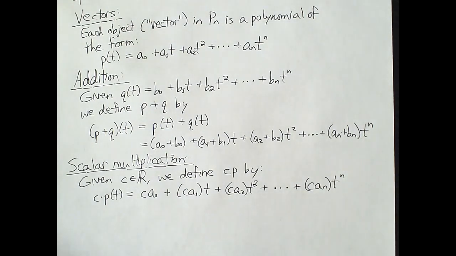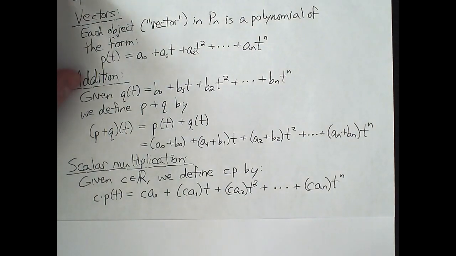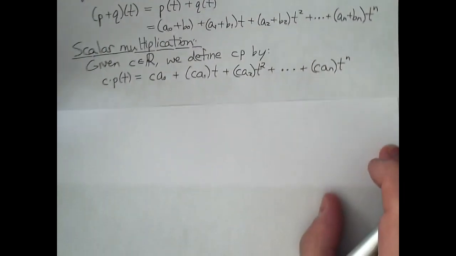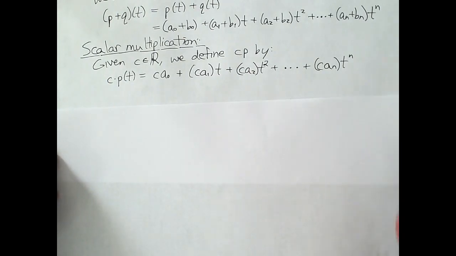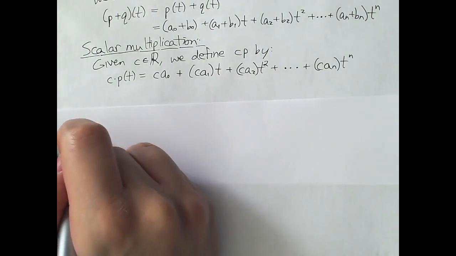Now, do all 10 properties hold? I told you that this is a vector space, so all 10 properties had better hold. Otherwise, I'm lying to you. I don't think we're going to go through the steps of verifying all 10 of them, but I just want to discuss some of them.